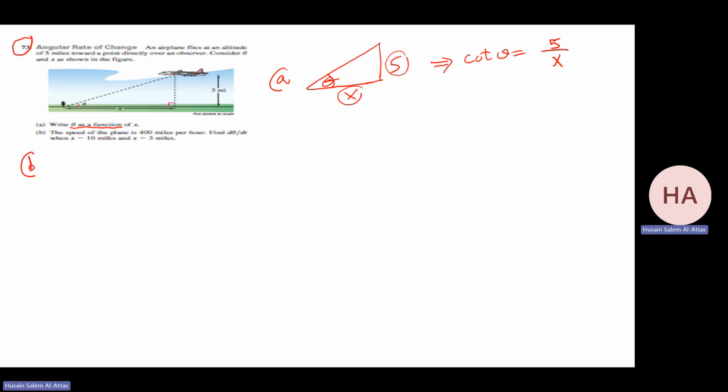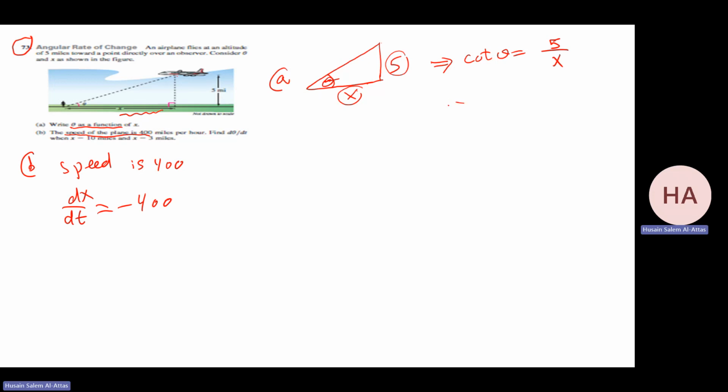Part B, what he gave us. Like the speed of the plane is 400. This is the speed. Is 400. So dx by dt, since the airplane is going in this direction, will be decreasing. So that will be minus 400. Okay.